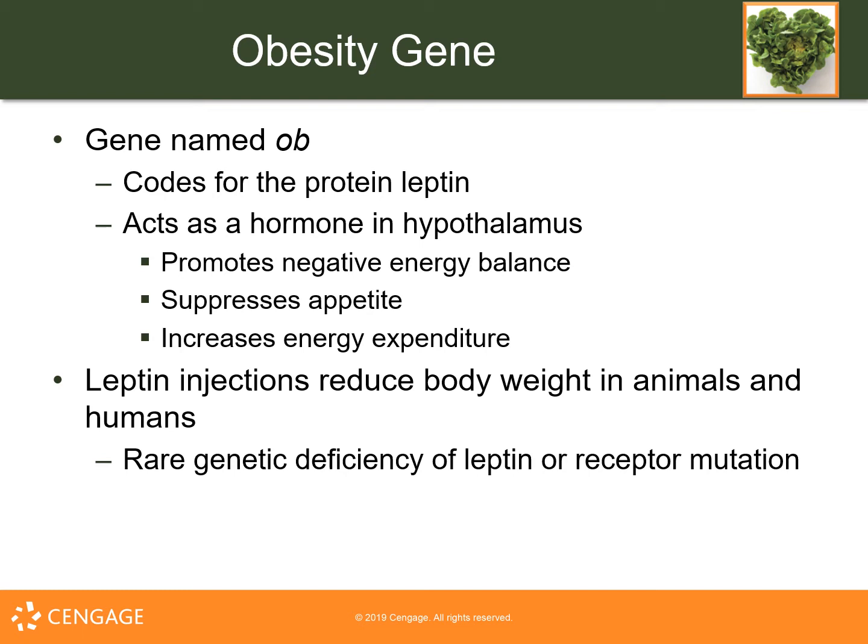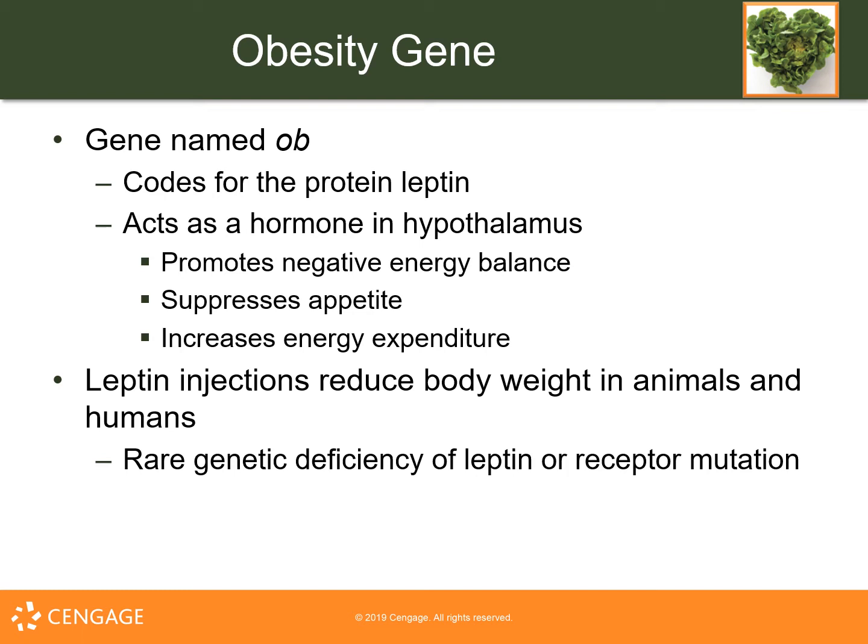When body fat increases, leptin increases, which suppresses the appetite. When body fat decreases, leptin decreases and stimulates the appetite. Leptin promotes a negative energy balance and decreases body weight and fatness.